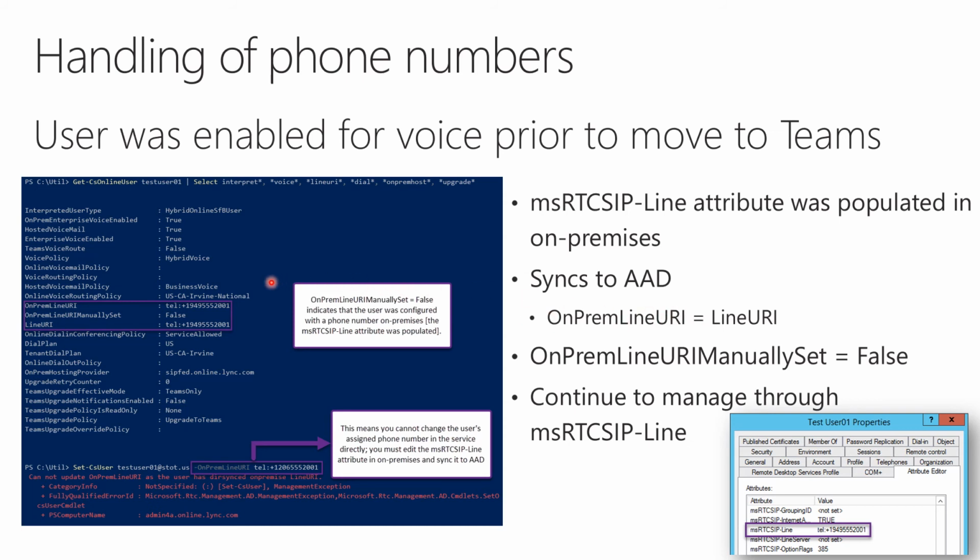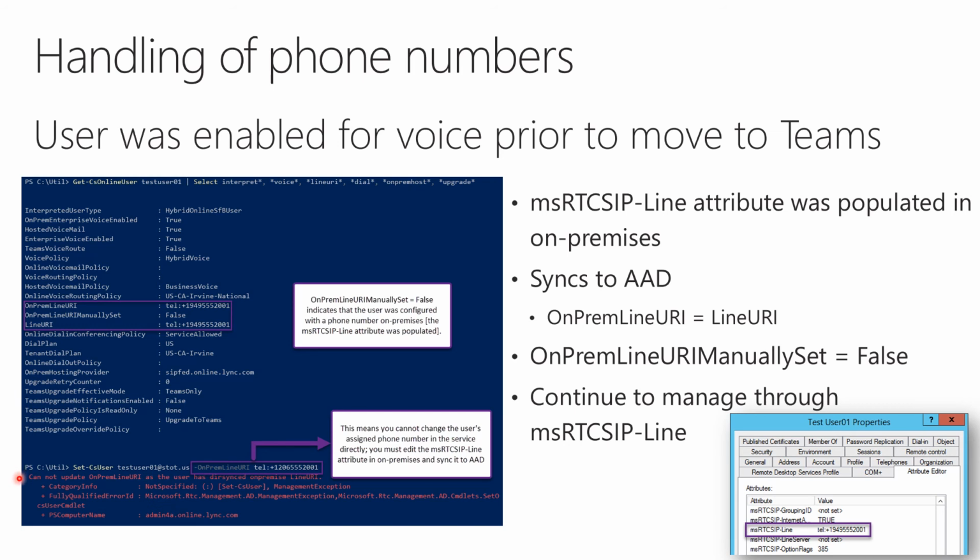You can see here in my screenshot, I have an on-prem line URI for this user, which maps to the line URI for this user, and this value of OnPremLineURIManuallySet is false. That indicates that effectively the owner of this line URI is on-premises Active Directory. That means if I completely decommission the on-prem Skype environment, and then this user's phone number changes, if I try to change it in the service with the commandlet that you see here, notice the error that I'm going to get.